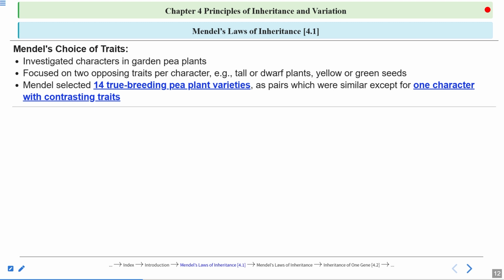Then he did an experiment on another pair: one pea plant had tall height and the other pea plant had short height. So he crossed these 2. There were 7 pairs of contrasting characters, so in total there will be 14 plants. And he was working on true breeding pea plant varieties so that stable trait inheritance was observed. Why 14? Because he was working on 7 characters and each character had 2 phenotypes. So 7 times 2 will be 14.